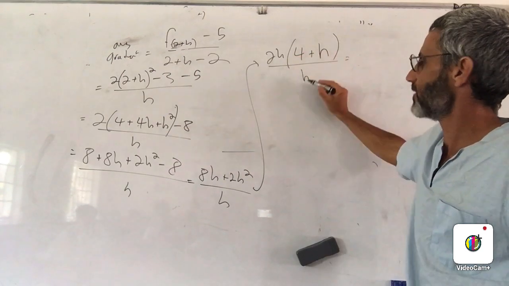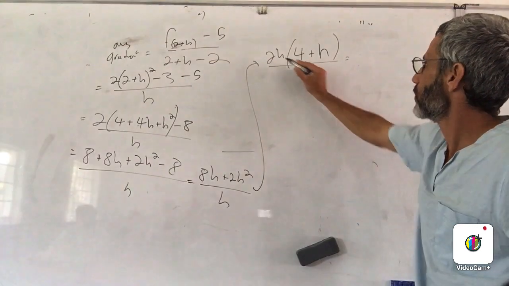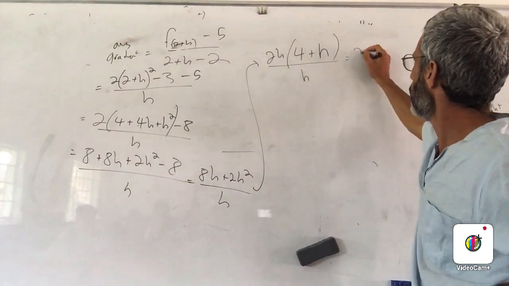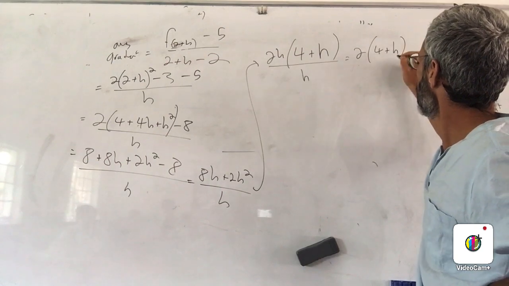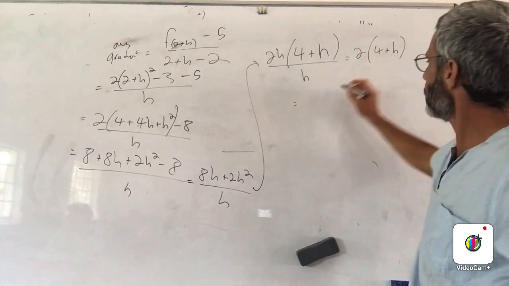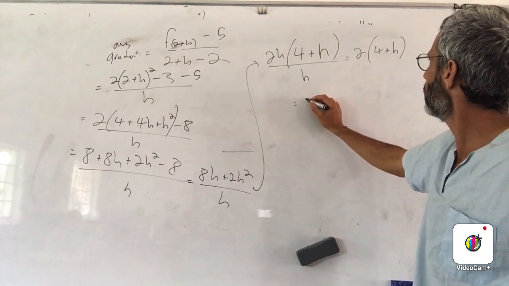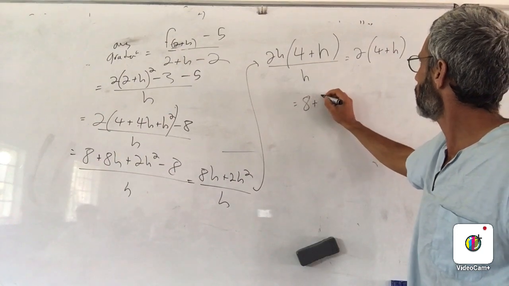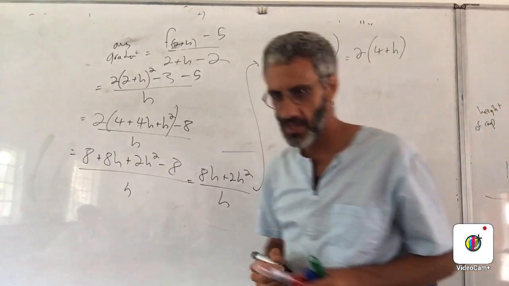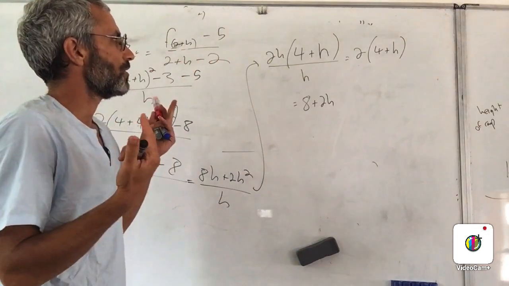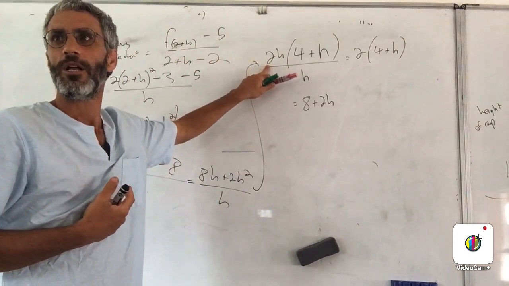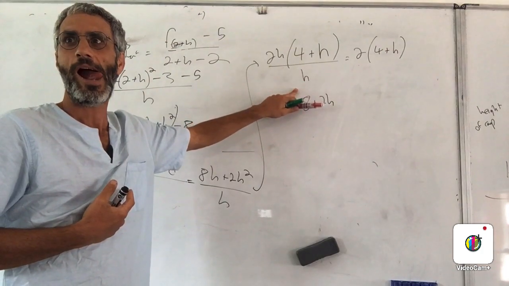No, the h cancels. So, okay, let's do it in 2 stages. We shouldn't really have taken 2 out, to be honest. Now open it. How much do I get? You get 8 plus 2h. Wait, so that isn't 2h divided by h? 2h divided by h is 2.